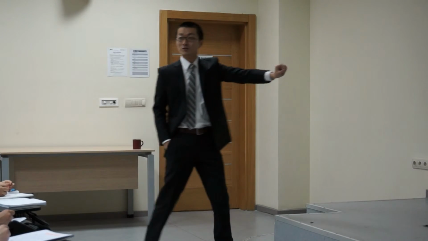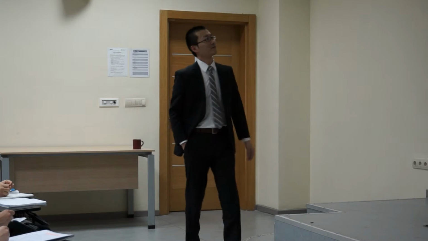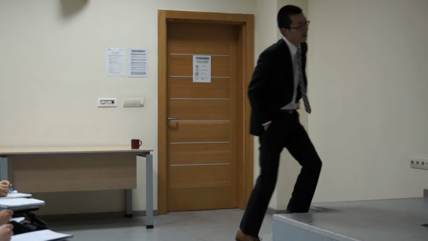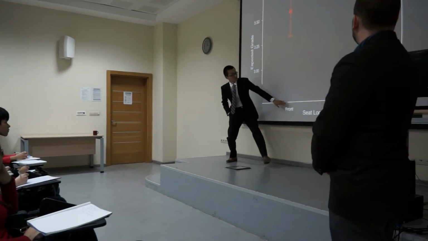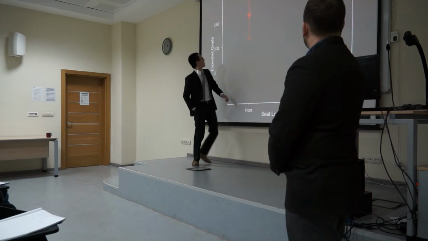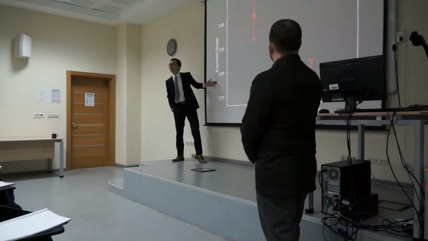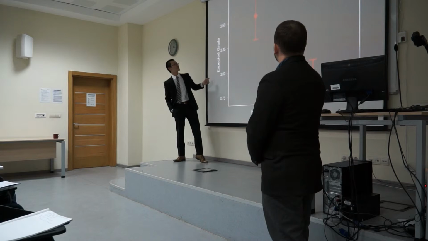And after doing that, we can make graphs like this one. On the x-axis, I have the seat location, for those sitting in the front and those sitting in the back, and I have the expected grade for those students.